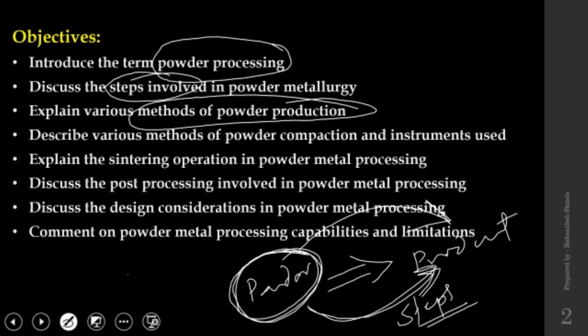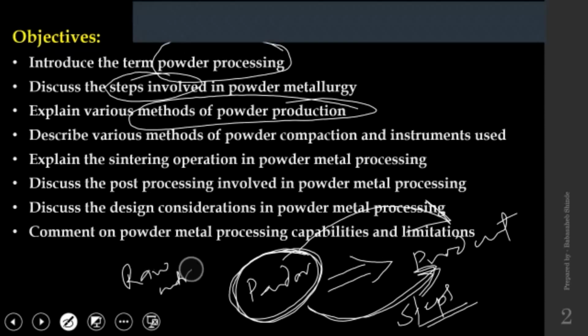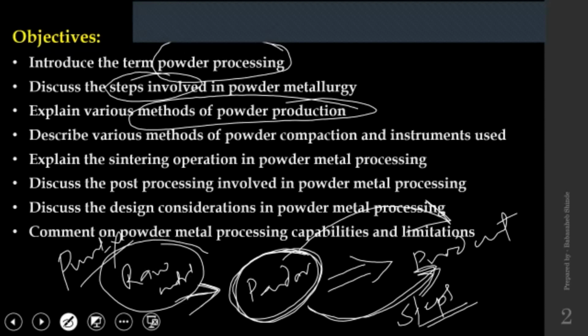So that raw material has to be converted into powders first. Its purity has to be improved, because it is going to be a combination of more than one material when you extract it from nature, and then it has to be converted into powders. So what are the methods for conversion of raw material into powders? That we'll be discussing.